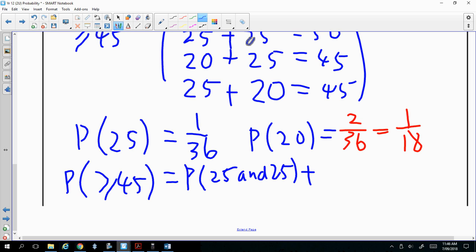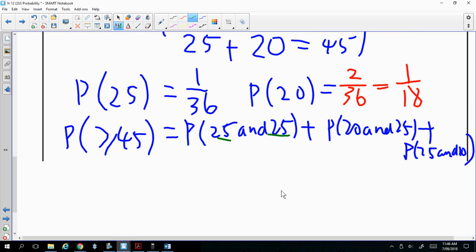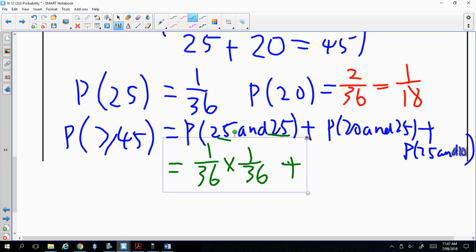To get the probability of 25 and 25, you need to go 1 out of 36 times 1 out of 36. To get 20 and 25, you get 1 out of 18 times 1 out of 36, plus 25 and 20 will be 1 out of 36 times 1 out of 18.